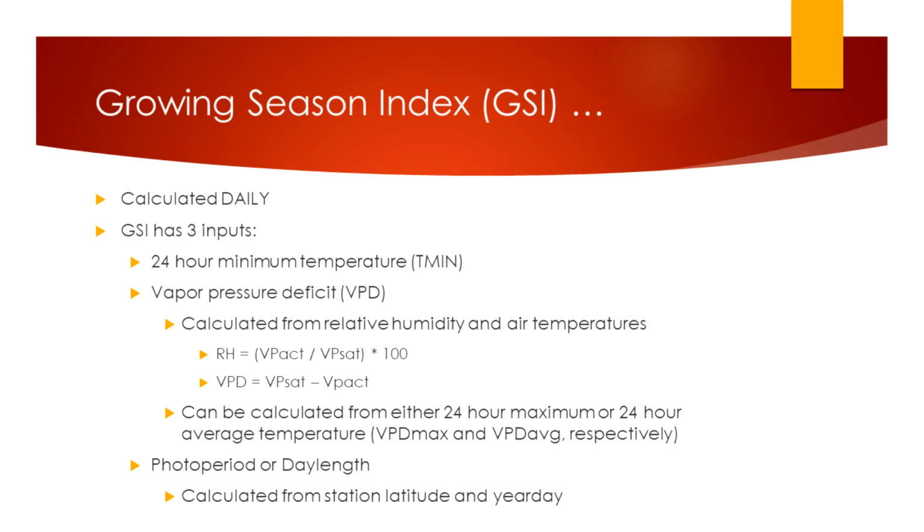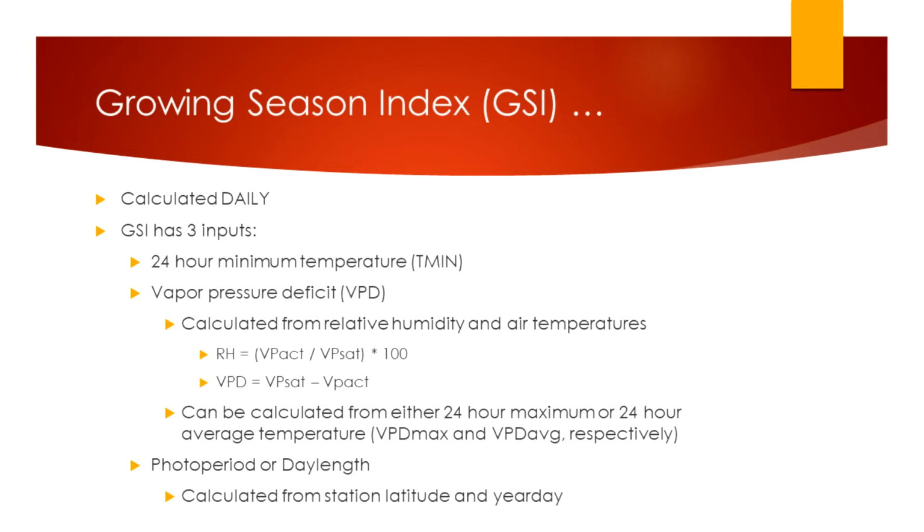Basically, you can calculate VPD from maximum temperature or average temperature, and both Fire Family Plus and WIMS allow you to switch between using VPD max, which is a vapor pressure deficit calculated at maximum temperature, or VPD average, which is a vapor pressure deficit calculated at 24-hour average temperature.